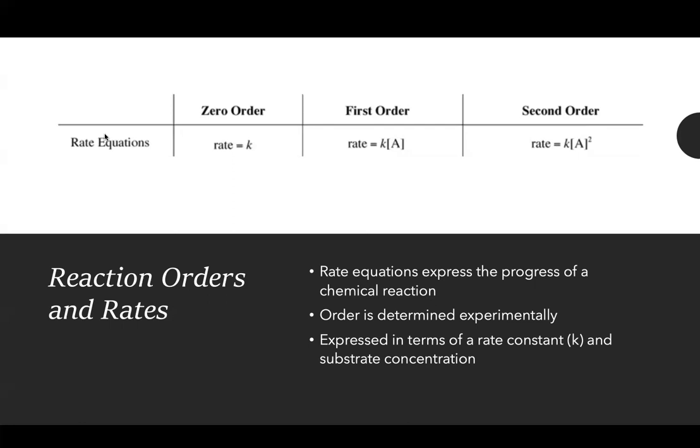And lastly, we have bimolecular reactions in which the rate is dependent on the rate constant as well as both concentrations of two substrates. If it's the same substrate, it would be that substrate squared, or it would be the concentration of one times the concentration of the other. Also note that the rate constant always has units that cancel out with the units of the concentrations. So therefore, you can also determine if you're using the right rate equation.